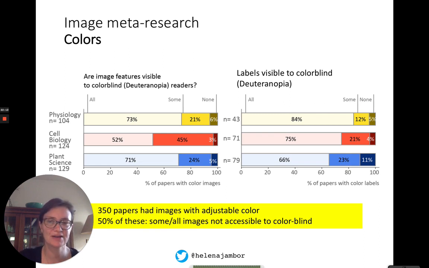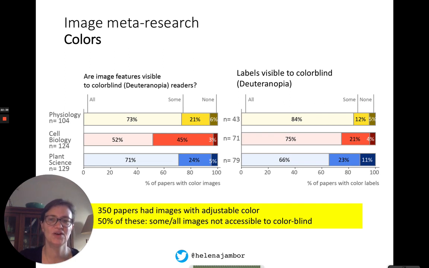So in summary, of our close to 600 papers, 350 papers had images with adjustable color, meaning they were confocal microscopes or something like this, image files where the colors were separated in different channels and could have been adjusted in post-processing.